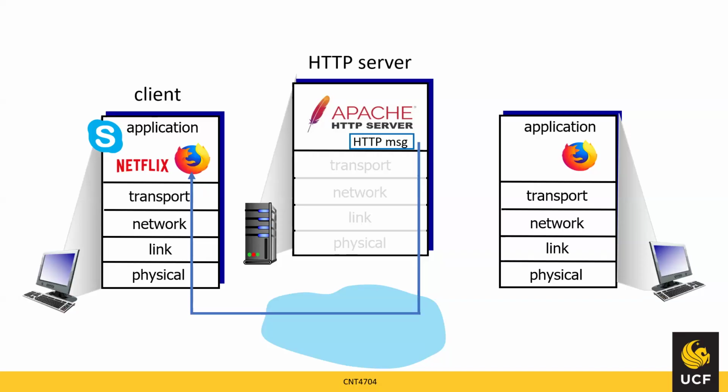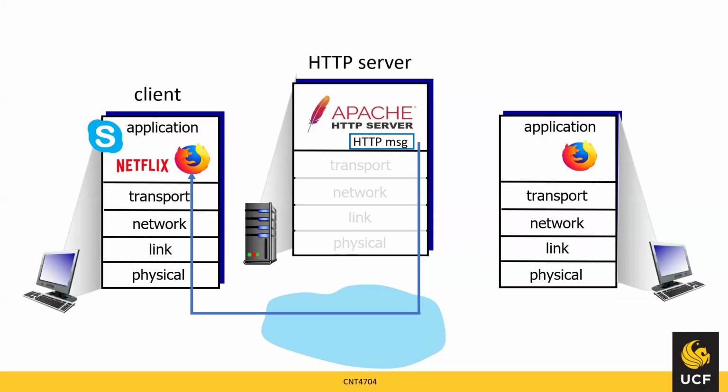So now let us just focus on one application, which is the browser, Firefox. When we are using Firefox or HTTP, whether we are making a request or whatever we are doing on HTTP, we are generating an HTTP message in essence, and we are using port 80.